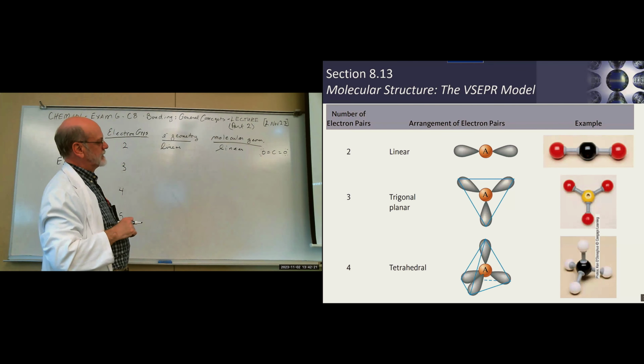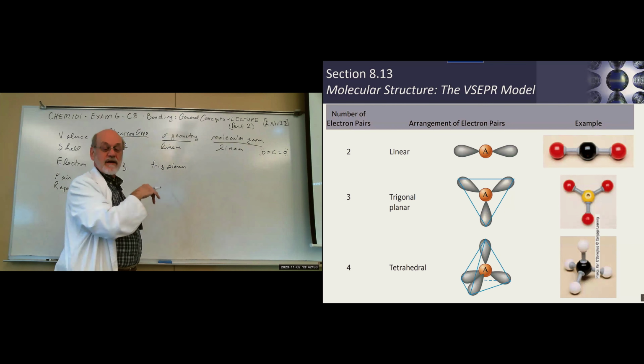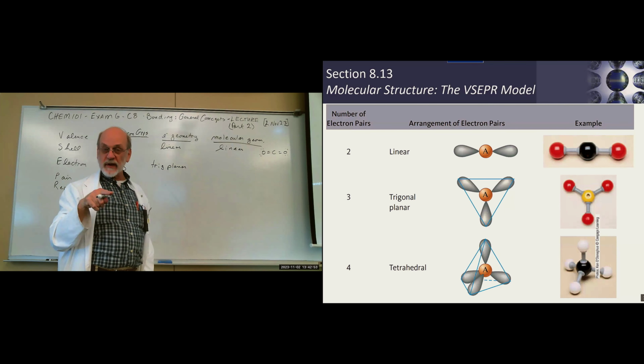Okay, if we have three electronic groups, then the electronic geometry is trigonal planar. And of course, if all of those positions are occupied by atoms, then the molecular geometry is also trigonal planar.